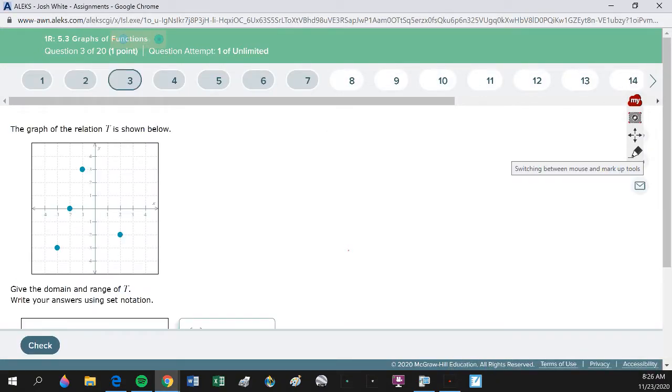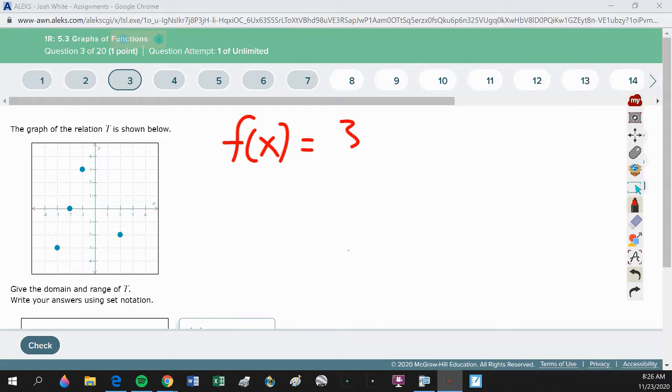So here, what if I said f of x equals 3? When f of x is 3, then x is -1. It's talking about this point right here. -1. Okay? What about x equals -2?